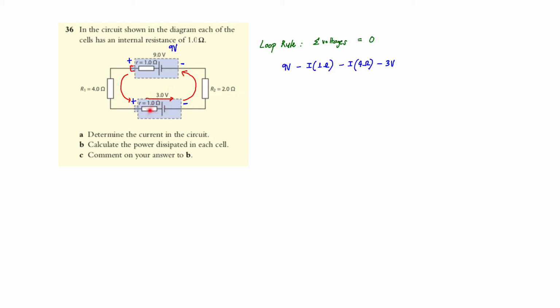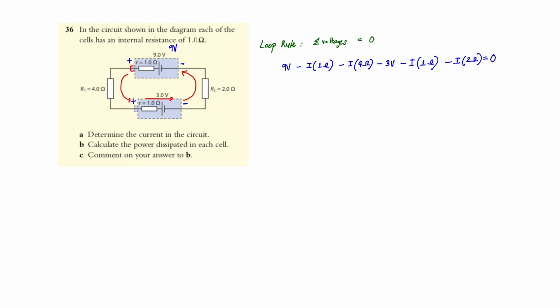So here minus 3 volts, and again there's another internal resistance of the battery, 1 ohm, so we subtract again the IR multiplied by 1 ohm. And then we have a 2 ohm resistor, and that is minus I multiplied by 2 ohms, and the sum of the voltages equals 0.